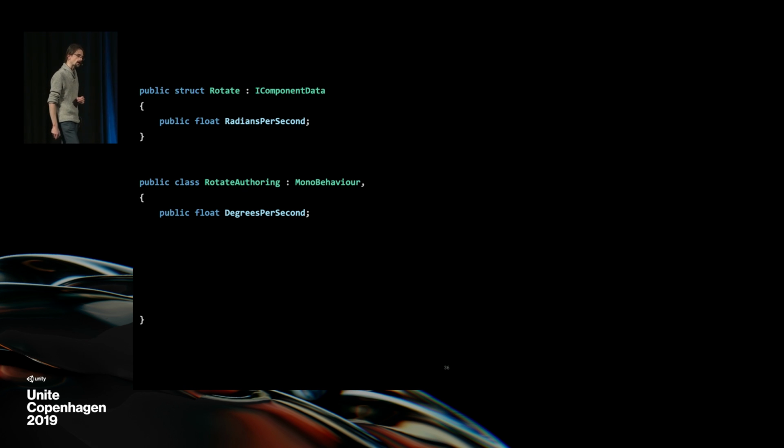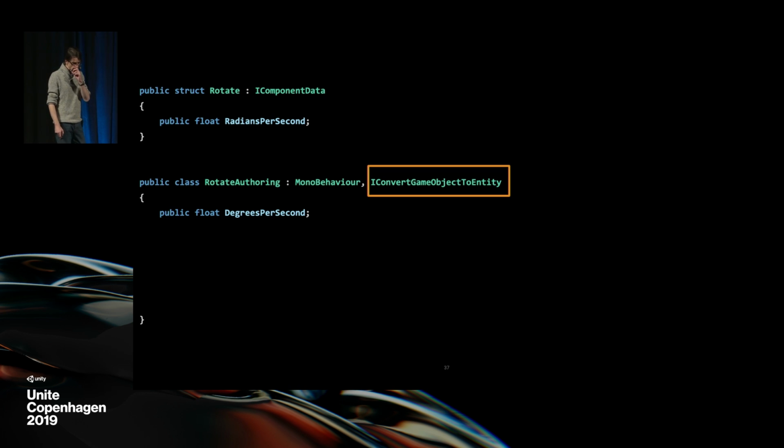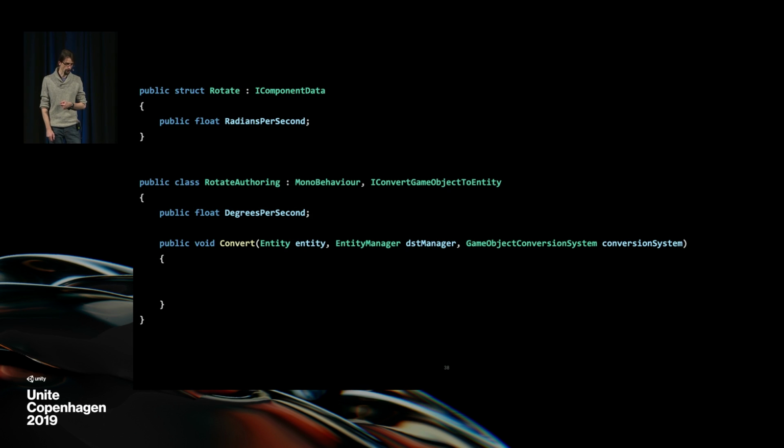And on this one, I will store my angle as degrees per second. Then I need to specify what happens when I transition from the GameObject to the entity. And for this, I will implement this interface, the IConvertGameObjectToEntity, which requires you to provide this function, Convert. And this function takes 3 parameters.